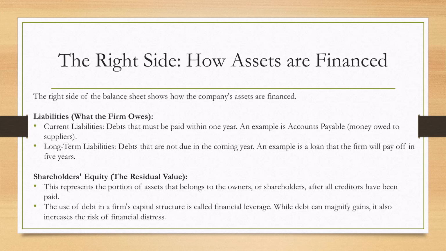Shareholders' equity represents the residual value. It's the portion of the company's assets that belongs to the owners or shareholders after all of the creditors have been paid. The use of debt in a firm's capital structure is known as financial leverage. It's important to remember that while debt can magnify gains, it also increases the risk of financial distress.